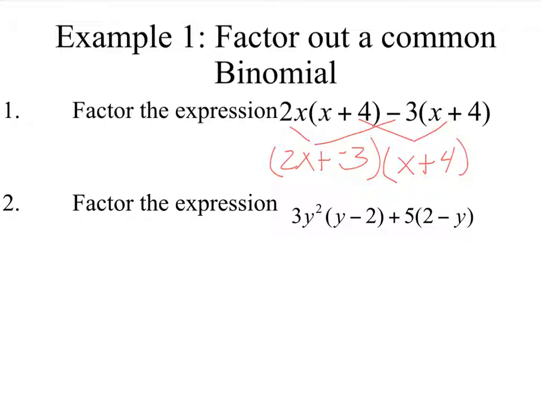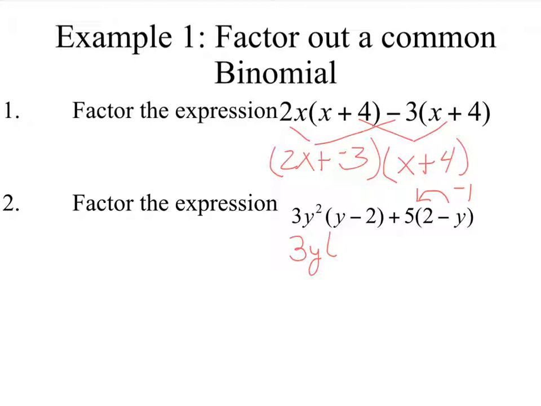If you look at this second equation, you're going to notice that my two parentheses this time don't match. One has a positive y, one has a negative y. So in order to change that around, I'm actually going to factor a -1 out of that second parenthesis. I'm going to make it a -5.